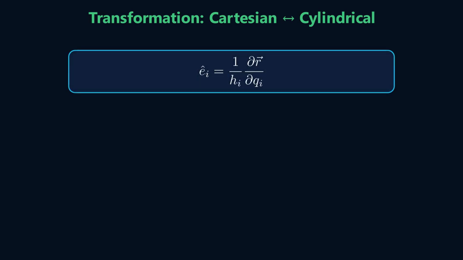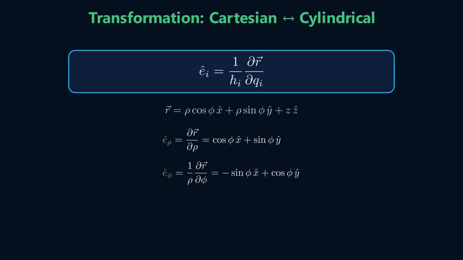Now, let us derive the transformation matrix between Cartesian and cylindrical coordinates. The general formula for a unit vector is e hat i equals 1 over hi, partial r over partial qi. Here r is the position vector and qi is the ith coordinate. We start by writing the position vector in cylindrical terms. r equals rho cosine phi e hat x plus rho sine phi e hat y plus z e hat z.